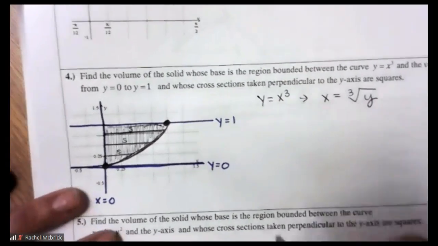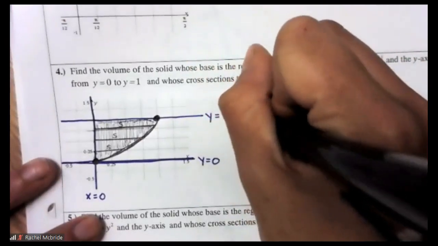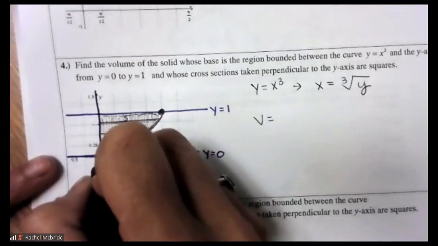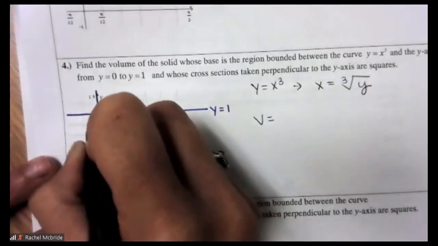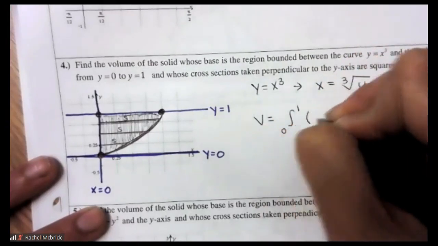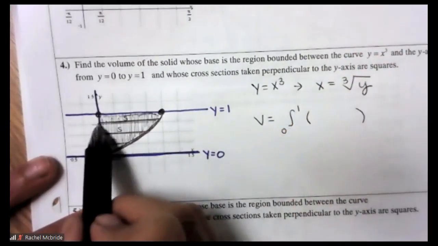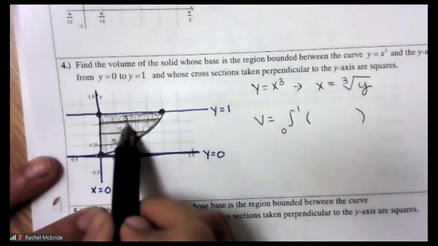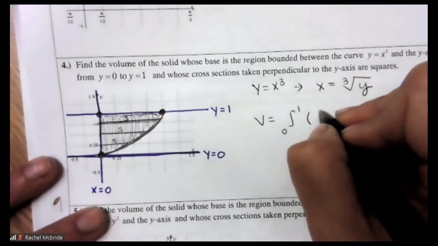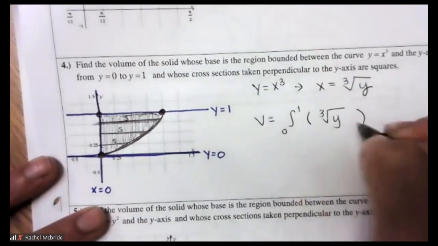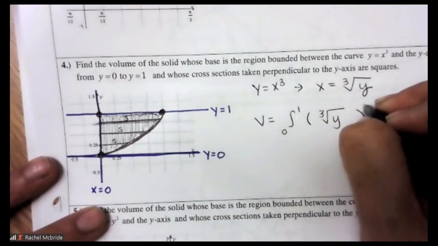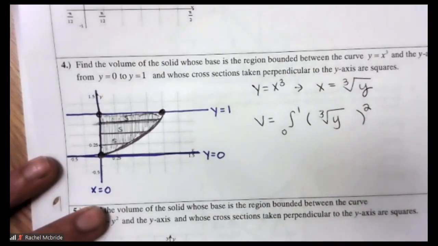So now if you think about volume, it's the y values, so you start at 0 and end at 1. A square is s squared, so the length from here to there is the cube root of y. Since it's the area of a square, we're going to square that.